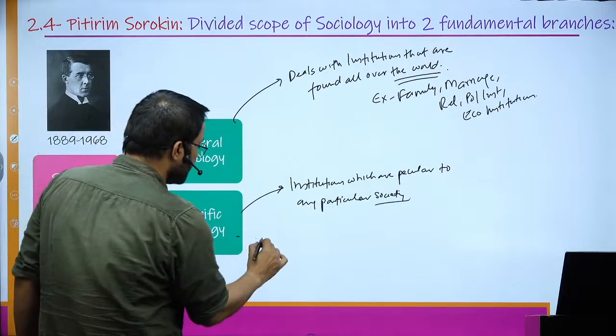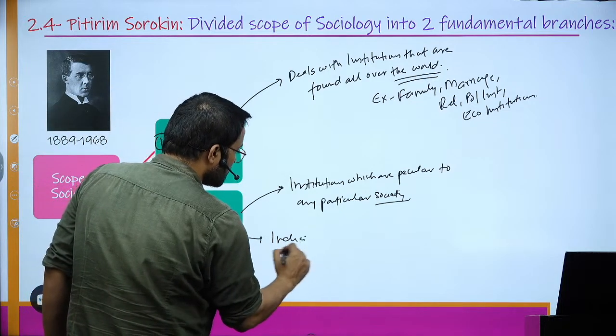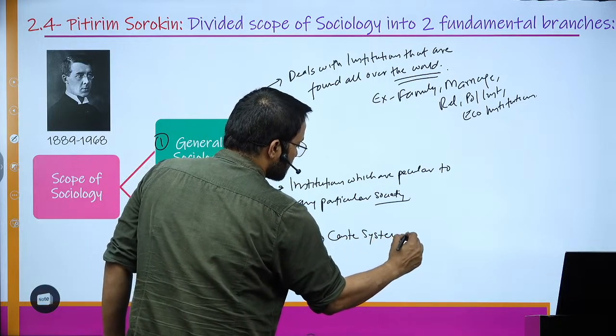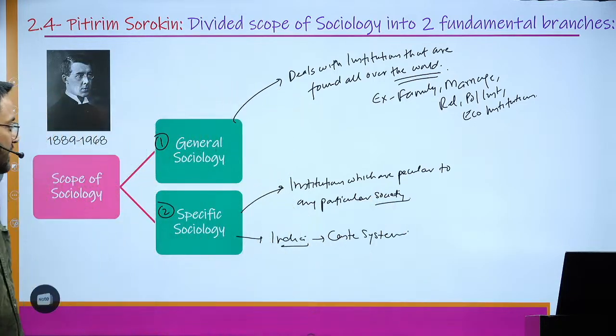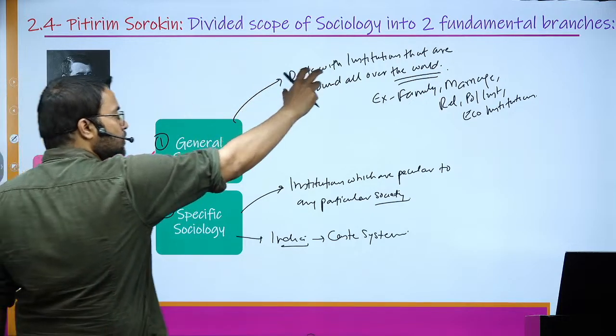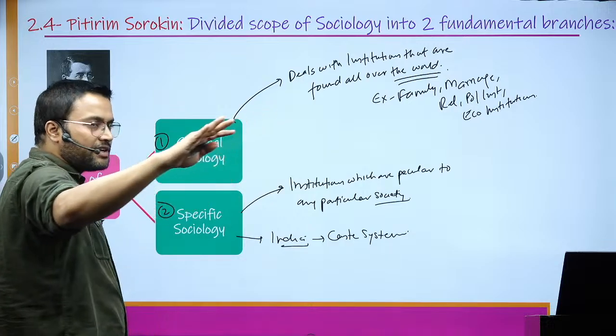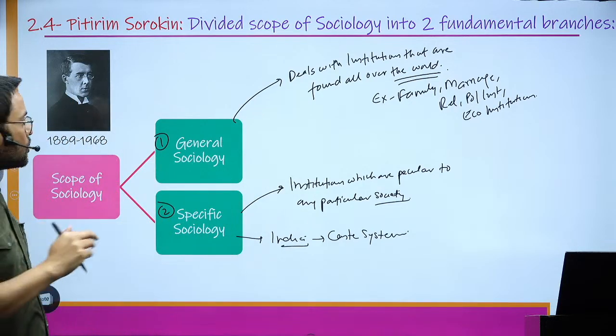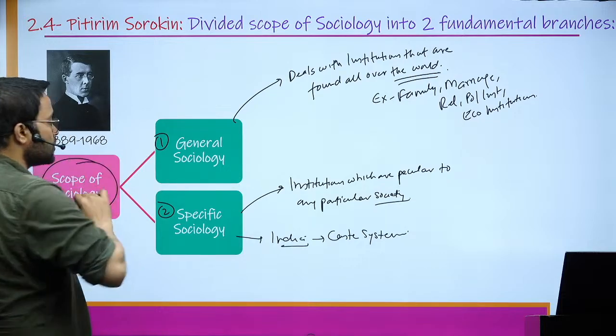Just like in India, we have the caste system. Like that. So general sociology deals with institutions that are common everywhere, and specific sociology deals with institutions peculiar to a particular kind of society. So again, the scope of sociology is very broad and exhaustive.